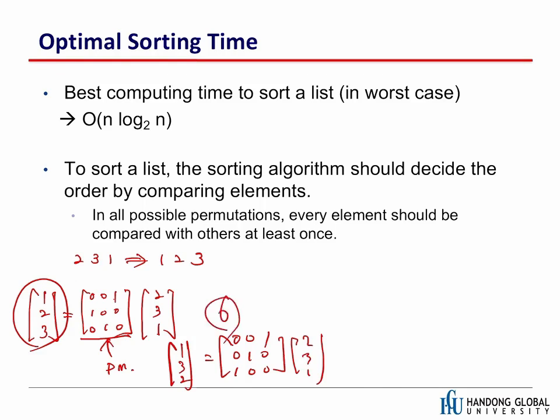Actually, in this case, we can come up with the 6 permutation matrices. And in all possible permutations, every element should be compared with others at least once. So this might be a little confusing, so don't worry. In the next slide, we'll talk about it with a good example.